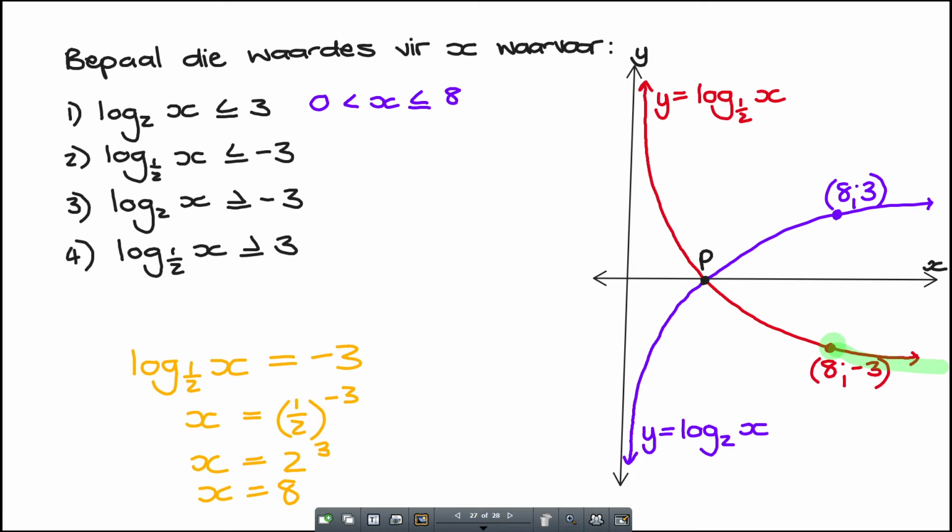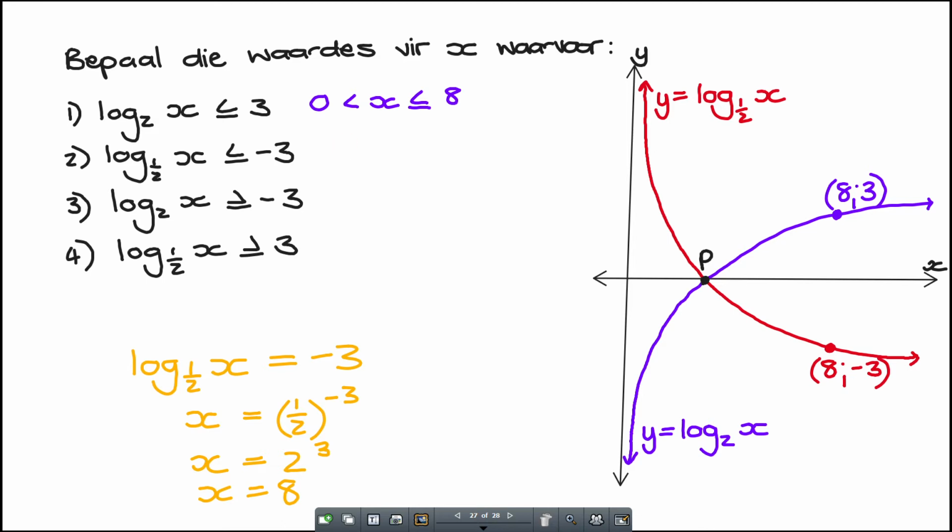Okay, nou hoe sê ek daai stukkie? For which values of x? So wat is x op daai punt? 8. And must the x values be greater than 8 or less than 8? Greater than 8.